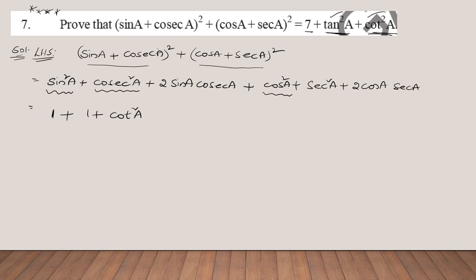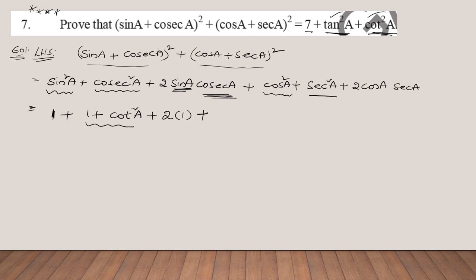So this whole thing I have changed as 1 plus cot square A plus. Next, sin A into cosecant A: sin and cosecant are reciprocal to each other, so when you multiply, the product will be equal to 1. So 2 into 1 plus, here already cos square A we have combined with sin square A.